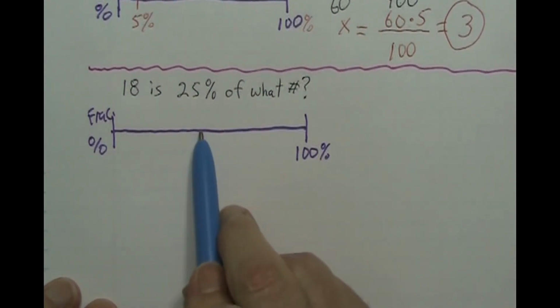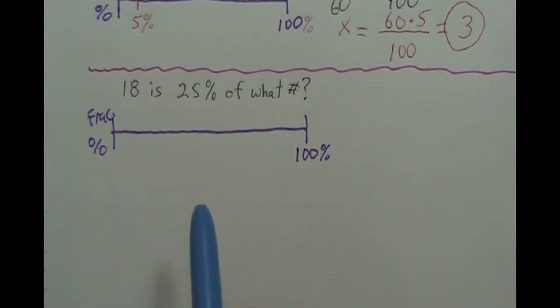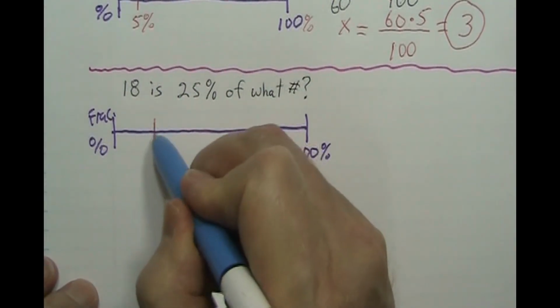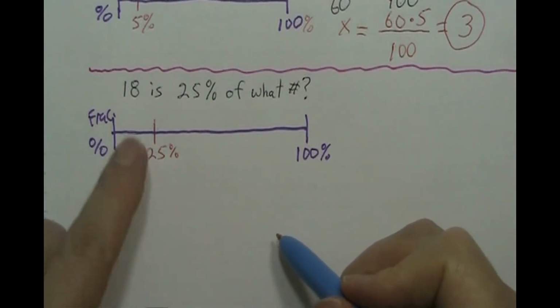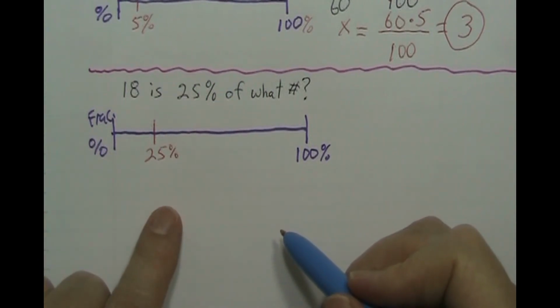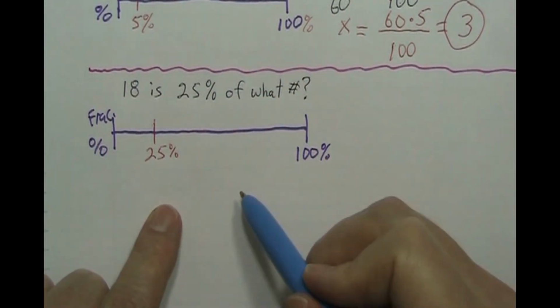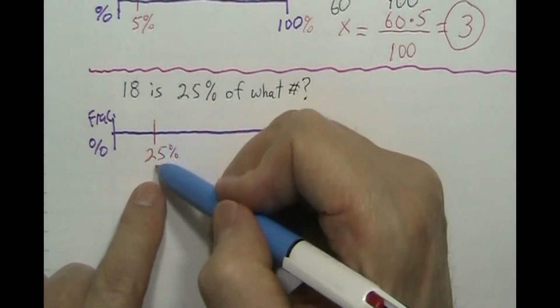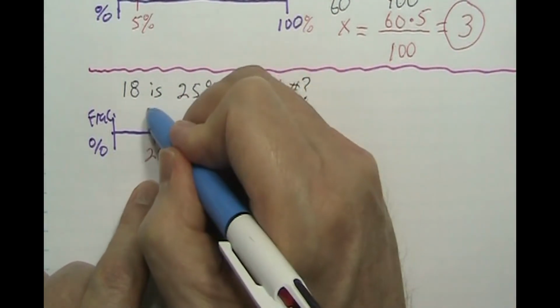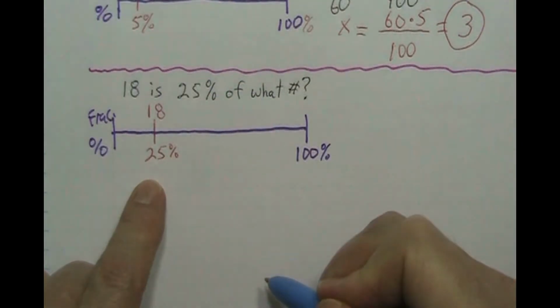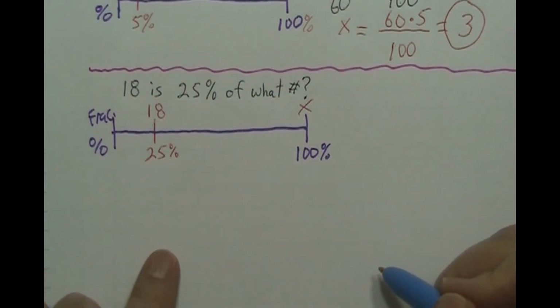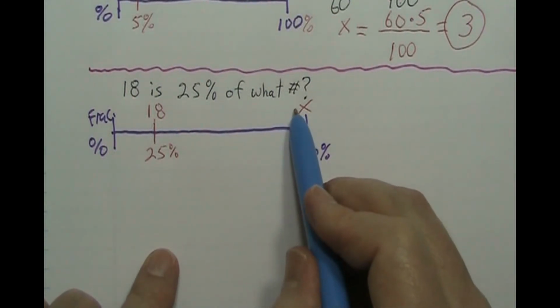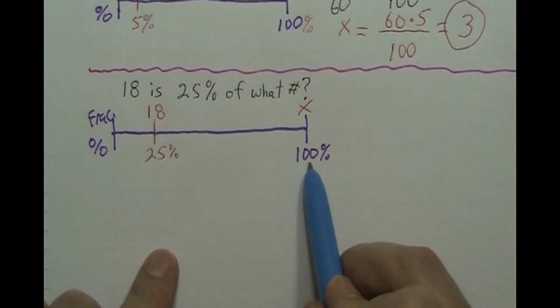This is 50%, so 25% is approximately there. $18 is 25% of something. 18 is the same thing as 25%. So that number, 18, goes right here. This is the is number. You don't know the total. So 18 out of something is the same as 25 out of 100.